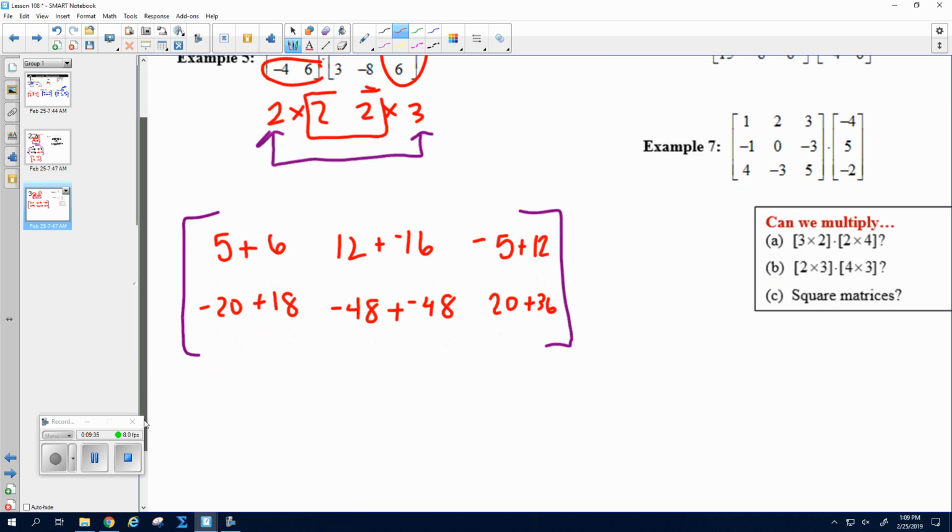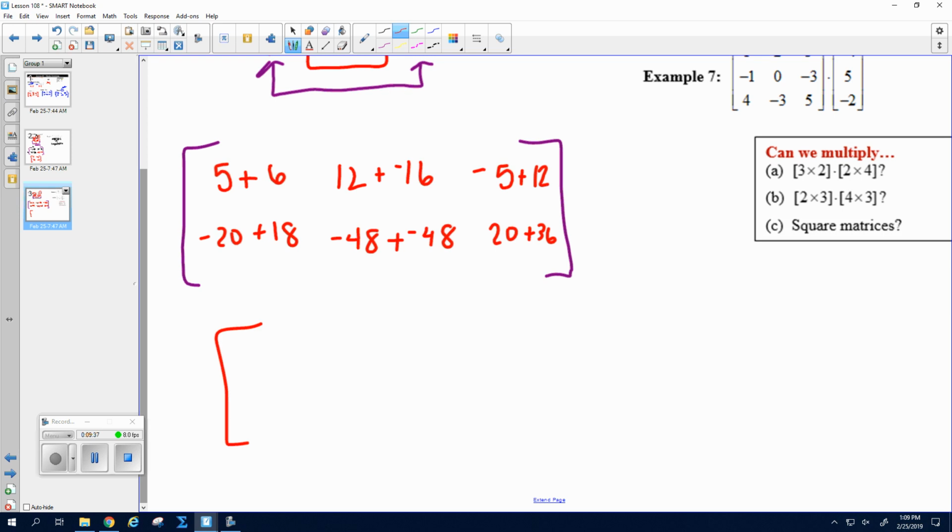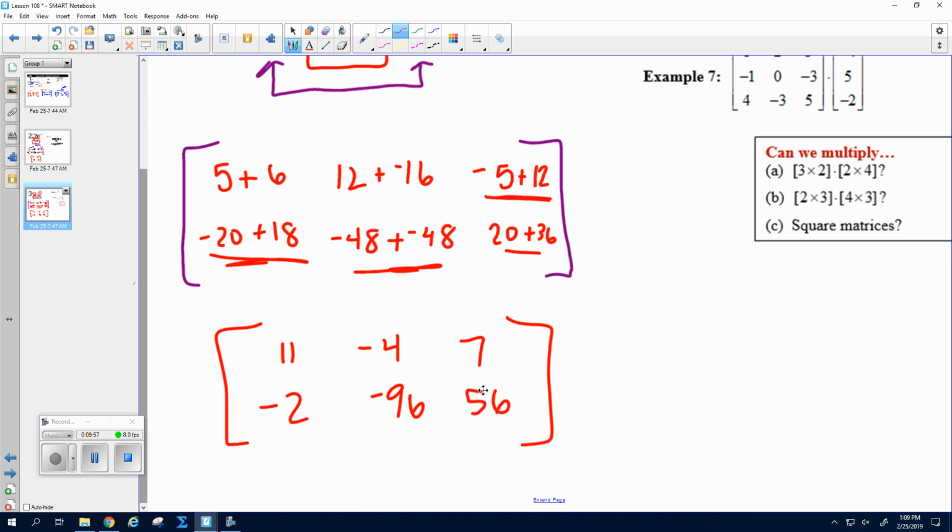And I'll simplify this. So I get 11, and then I get negative 4, and then for this one, I get 7. And for this one, I get negative 2. And for this one, I get negative 96. And for this one, is that a 36? Yeah, 56.